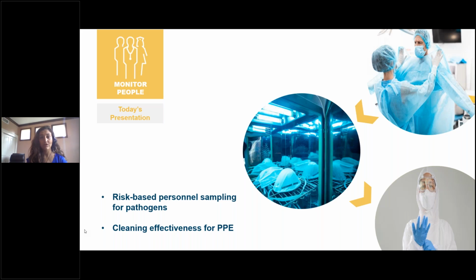So you can strategically organize it to be post-gowning, post-training, post-cleaning of PPE components that may be reused in order to verify the efficacy of a training, the efficacy of a gowning, the efficacy of cleaning, etc. And obviously you can set that up to be monitored at regular intervals as well. And then we will graph the results.